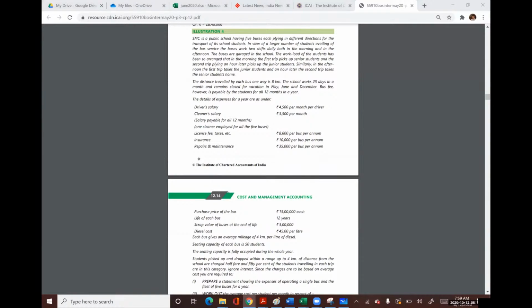Whether one student is traveling or 100 students are traveling, it is the same cost. So that means students are irrelevant, first of all, correct? Yes, sir.